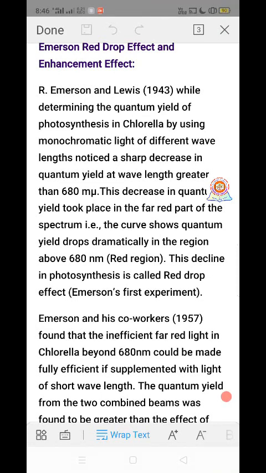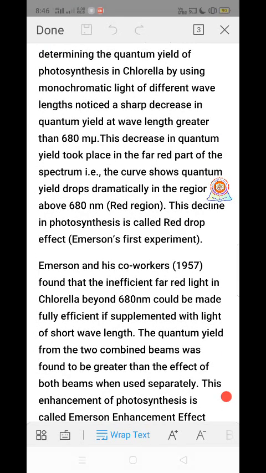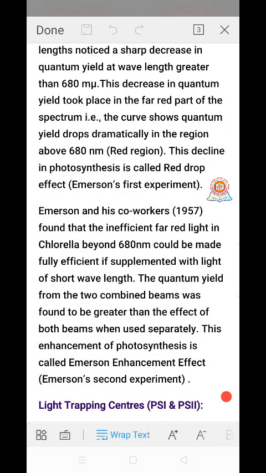The quantum yield from the two combined beams was found to be greater than the sum of the effects of both beams when used separately. This enhancement of photosynthesis is called the Emerson enhancement effect.